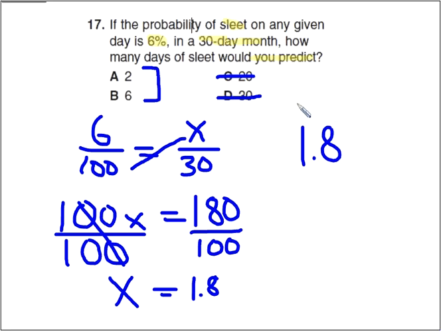We look one to the right here, and it's 5 or more, increase the score. 4 or less, no change. So we need to increase the score by 1 to 2. So the answer is 2 days. So that's a good prediction that in any 30-day month where there's sleet 6% of the time, there'll be sleet 2 times.